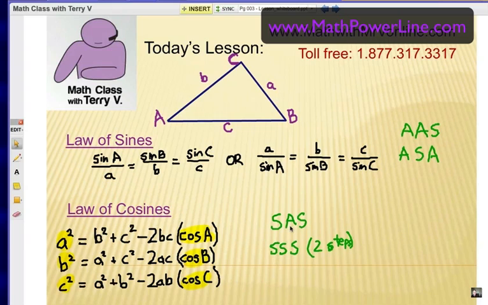In other words, the angle is included between two sides. Okay, that's your clue to use the law of cosines. Sometimes maybe all you know is the length of all three sides of the triangle. Now it'll take an extra step, but then you would use the law of cosines and you can find those angles. All right, let's give a try to two problems.